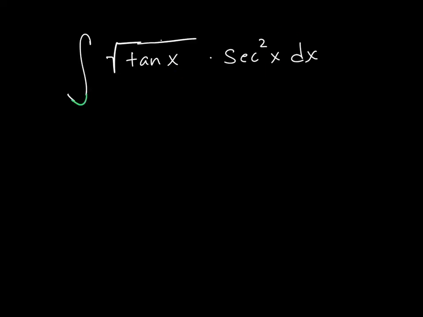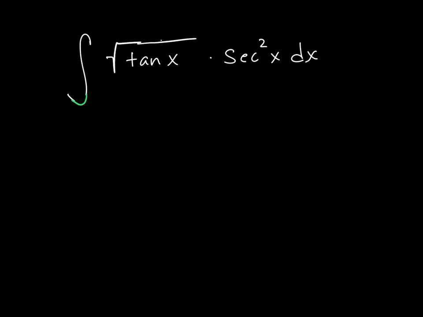When you're doing this, you really need to remember what the derivatives of the trig functions were. Because if you don't recall what the derivative of either the secant or the tangent is, you're going to have problems picking what u and du are.